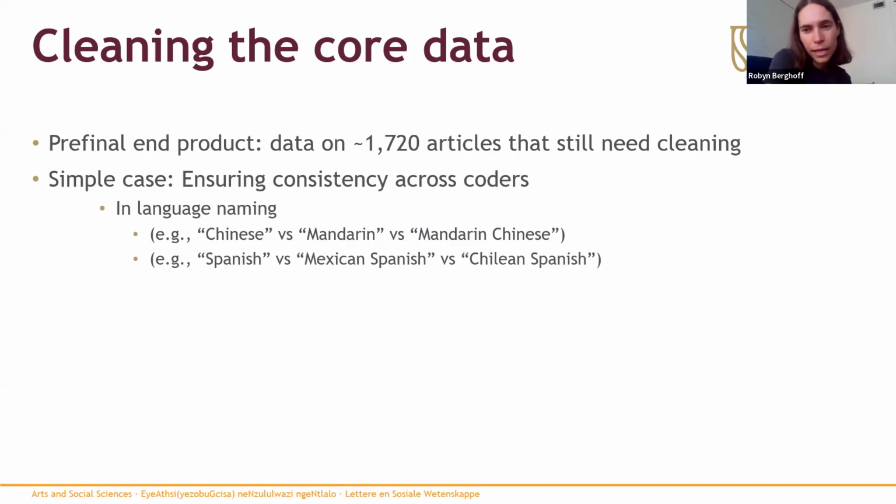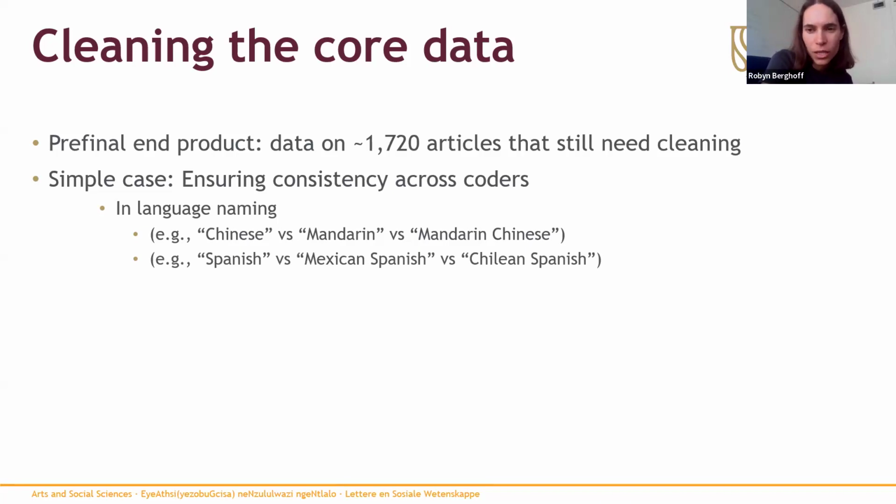Another example here related to language naming is dialects, right? So you could have Spanish as a macro language label, but perhaps a particular study is looking at speakers of Spanish in Mexico. So the person coding the data might have written down Mexican Spanish as a language understudy, or for example, in another setting, Chilean Spanish as a language understudy. In most cases in our data, the particular dialect was not of interest in the study itself.